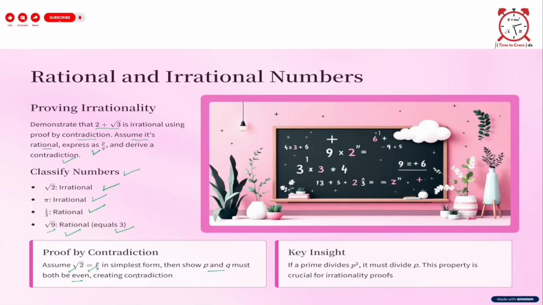And create the contradiction. And in the last prove that root 2 is an irrational number. So key insight, if a prime divides p square, this is the theorem, it must divide p. This property is crucial for irrationality proofs.